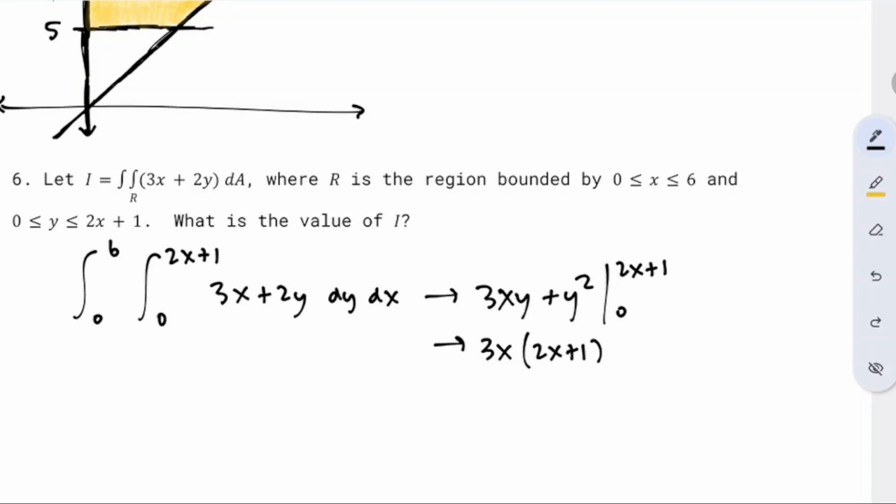Maybe it is, but I'm not seeing it. Plus 2x plus 1 squared. Oh, and then when y is 0, it's zeroed, so that's going to be it. I'm going to actually factor this. Times 3. Yeah, that is totally the algebraic thing to do.